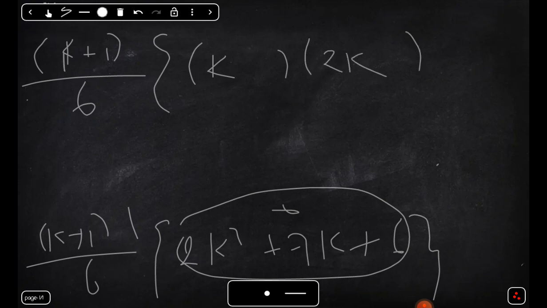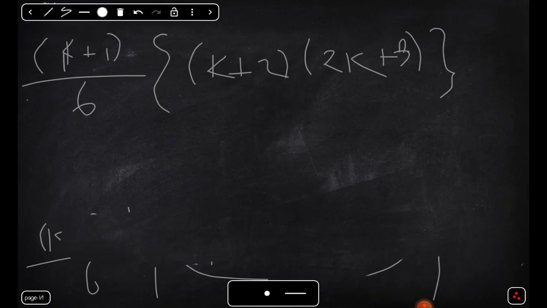What can give us 6 here? 3 times 2 can give us 6, and 6 times 1 will give us 6. But if you use 6 times 1, you're going to have something very cumbersome that you can't reconcile. So we have to make use of 3 times 2, and all are positive, so we put it positive, so that if we open up this bracket, we obtain exactly this.